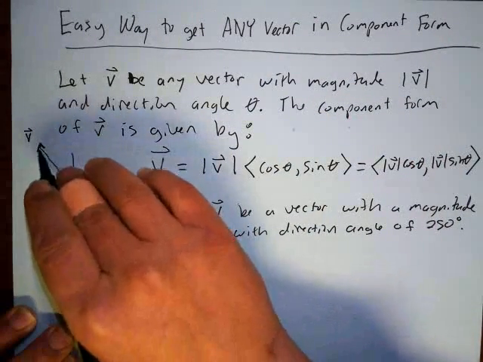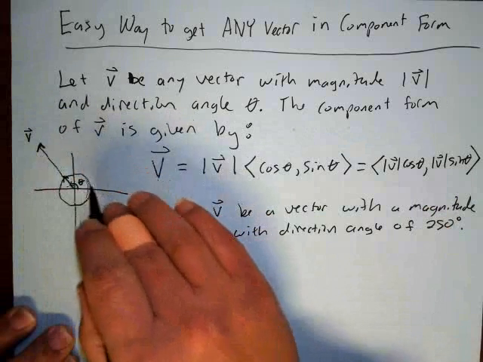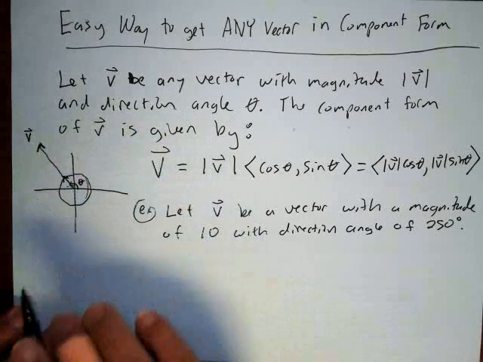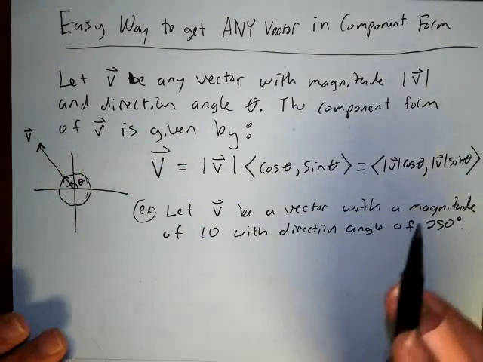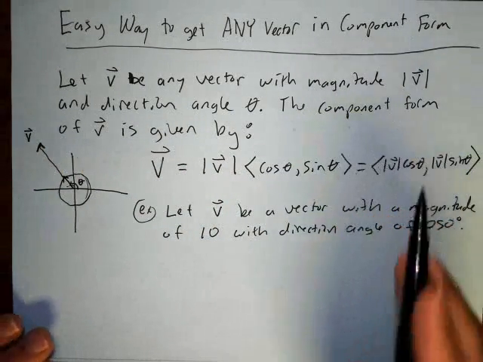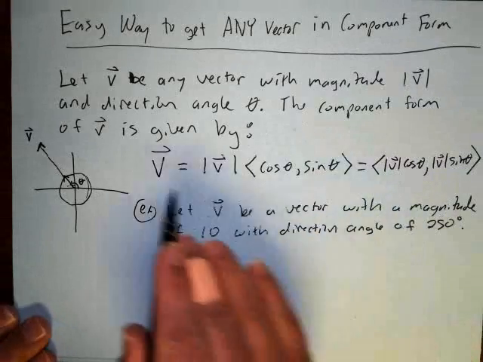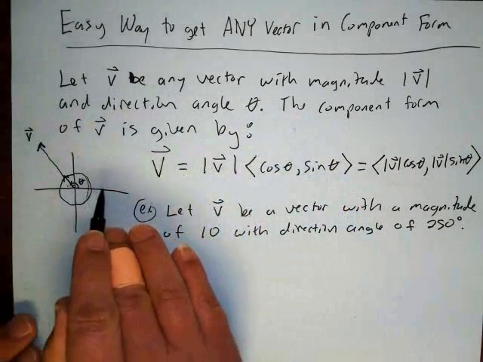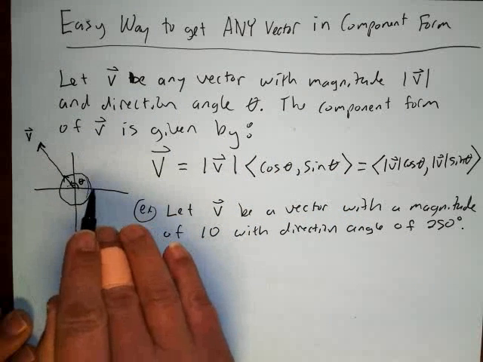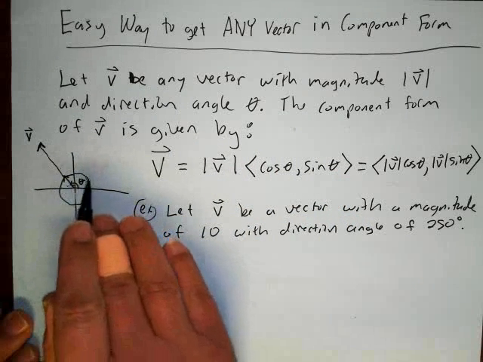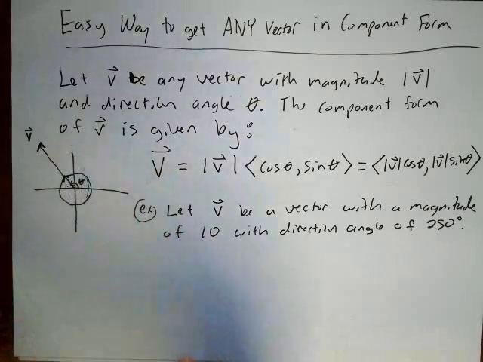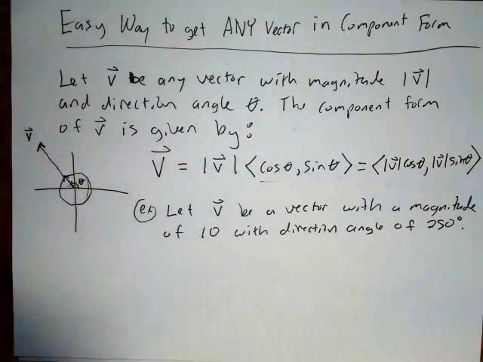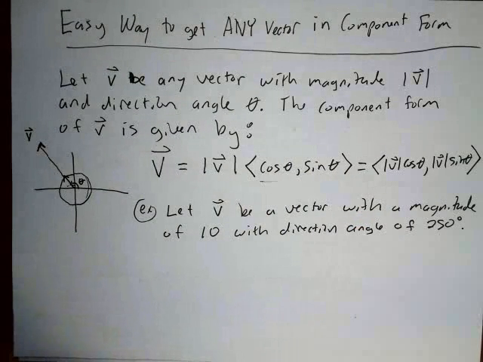So this vector is the component form of a vector headed in that theta direction with that magnitude. Very, very easy. The only thing you have to be careful of is that the angle has to be measured from the x-axis going counterclockwise, just like when you're doing trigonometry with the unit circle, because it's based on unit circle trigonometry.